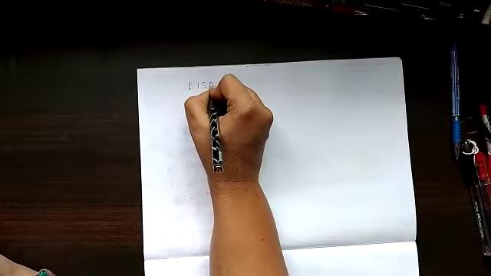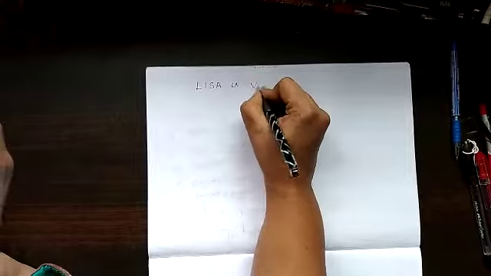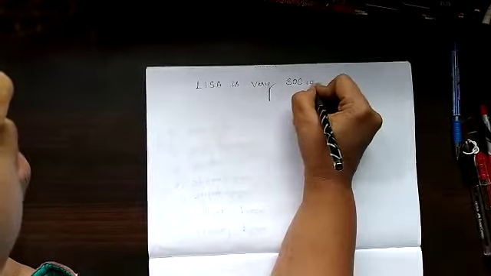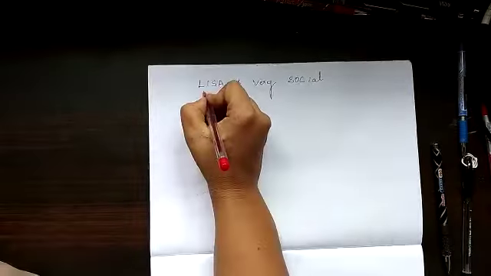Which are the phases of a compiler? How to write a shortcut for the phases of a compiler. I just want you to remember: Lisa is very social. Note down, I have written Lisa in capital, and SOC in capital. There are 7 phases, so I need 7 letters.